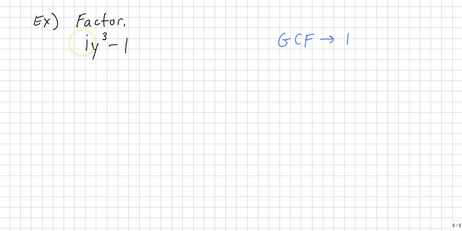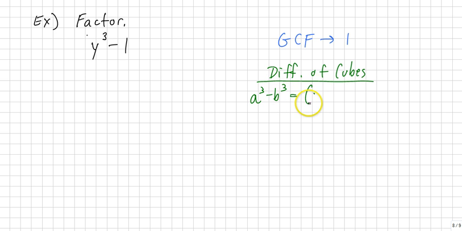So we have a subtraction sign, so this could be the difference of cubes, which was a cubed minus b cubed, always factors into a minus b, a squared plus ab plus b squared. So let's see if we can make our polynomial look like that.